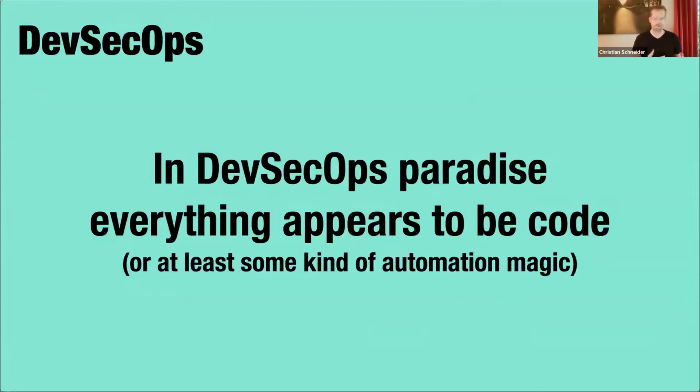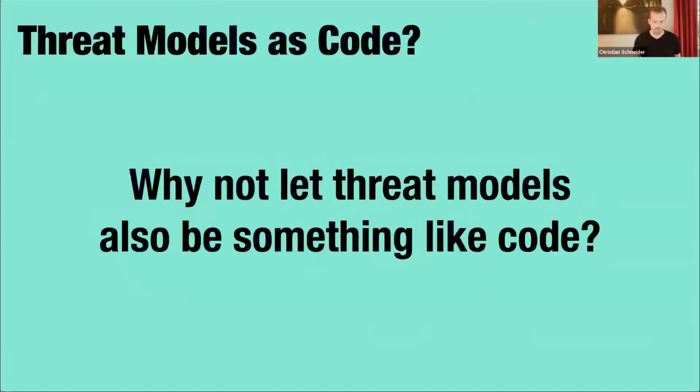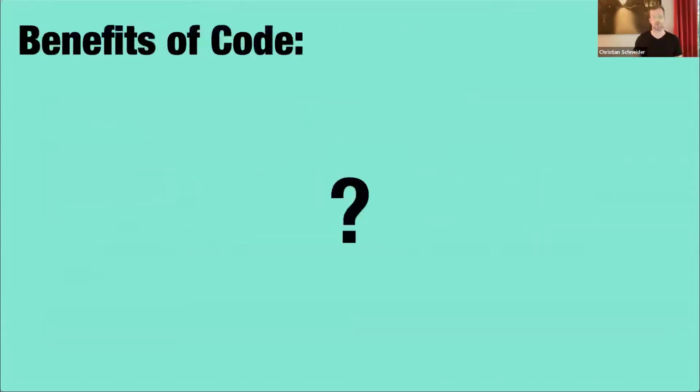All of these tests we nowadays use in pipelines are more or less automated, scanning code, scanning dependencies and things. So the idea was to tackle this problem of integrating threat modeling into DevSecOps in the same style, by automating things as best as possible and letting threat models also be something like code.